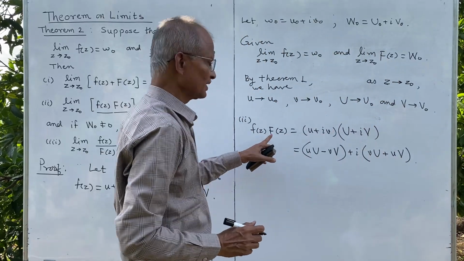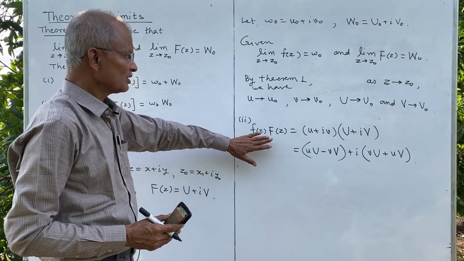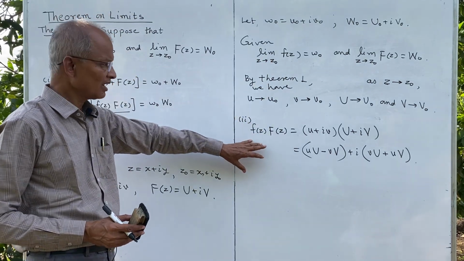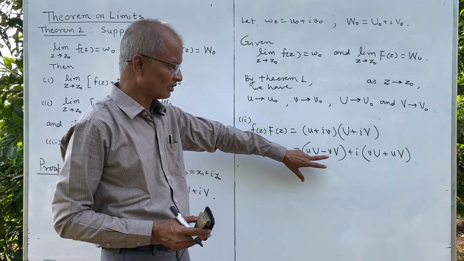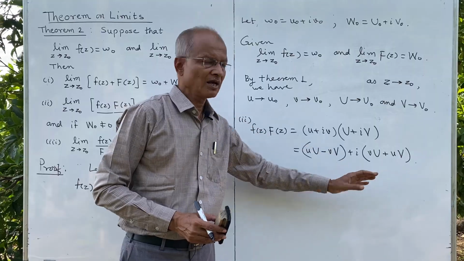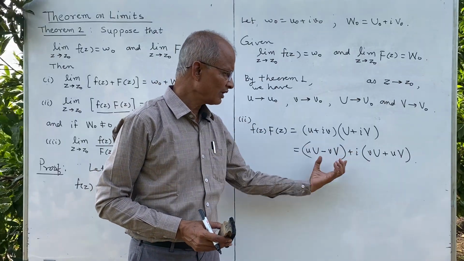This is f z into capital F z, and now we want to take the limit of this. So the limit of this function is to be considered by theorem 1. The limit of this expression is equal to the limit of the real part plus i into the limit of the imaginary part. Now what is the real part? It is u into capital U minus v into capital V. We will write the limit of this.